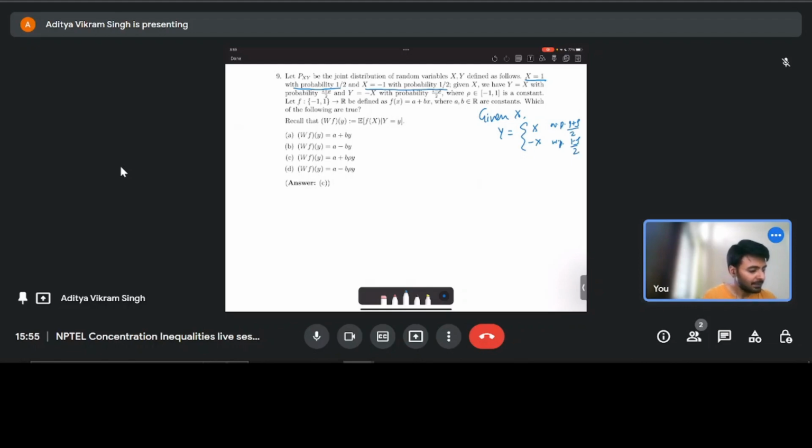Here rho in minus 1 to 1 is a constant. Let f be some function from minus 1 comma 1 to R, where f of x is defined as this. Which of the following are true?